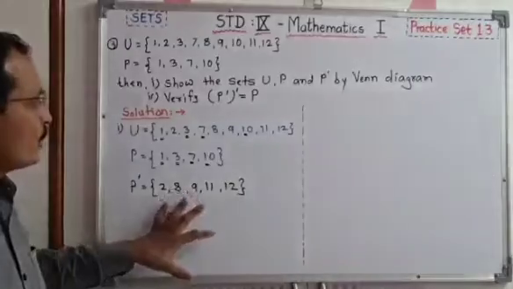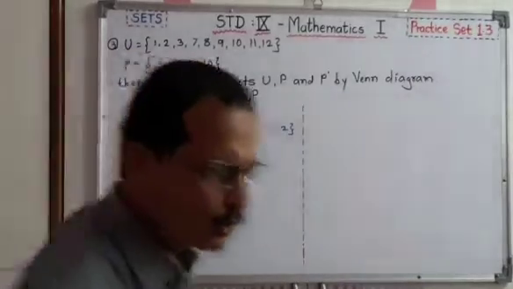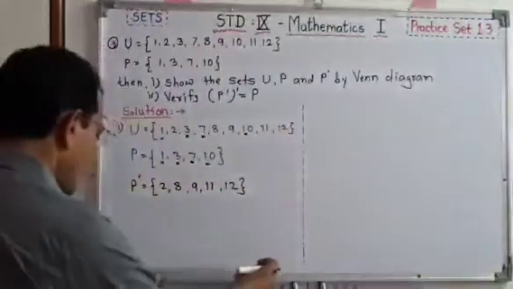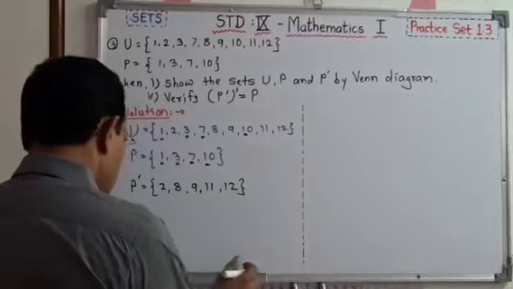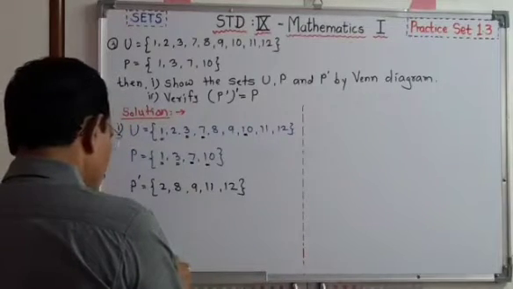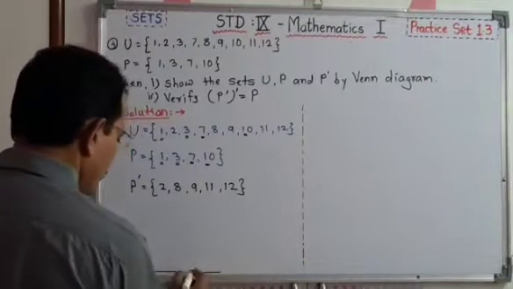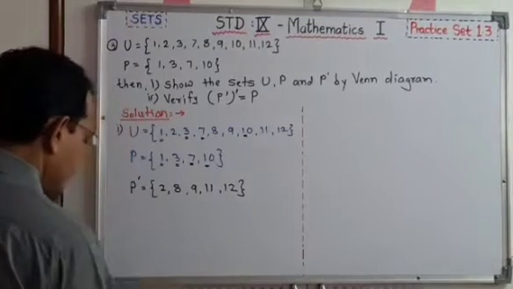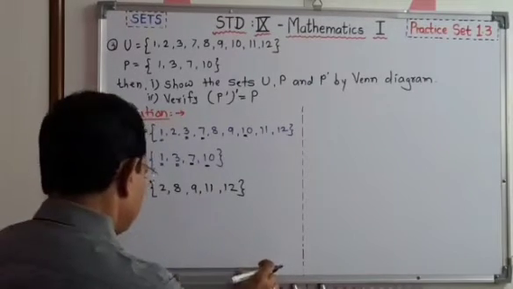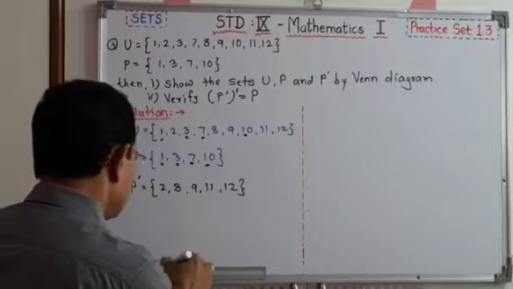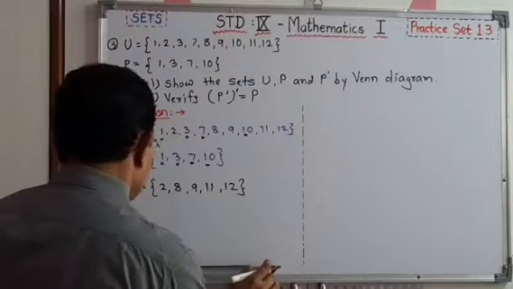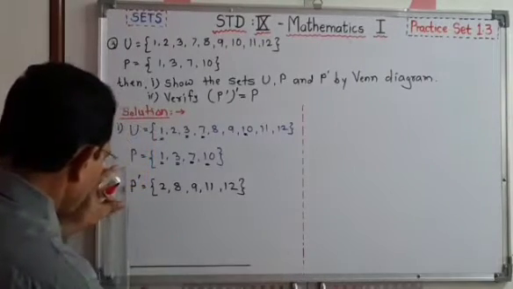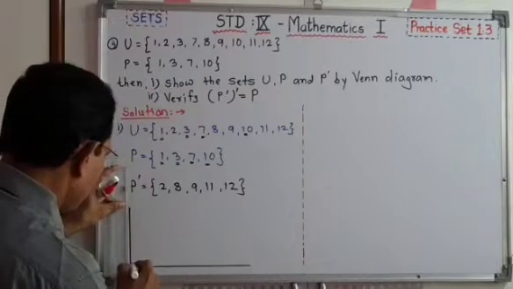Now we have to draw the Venn diagram for this. To draw the Venn diagram, first of all we have to draw the universal set, and as you know, the universal set we draw using a rectangle.